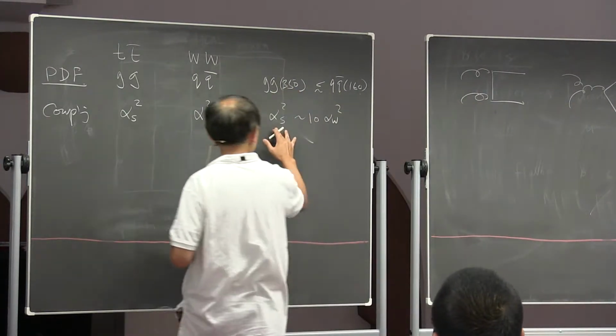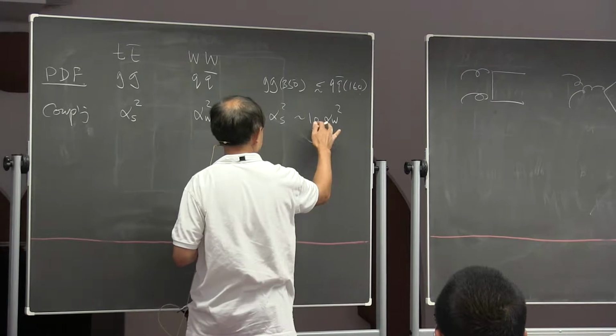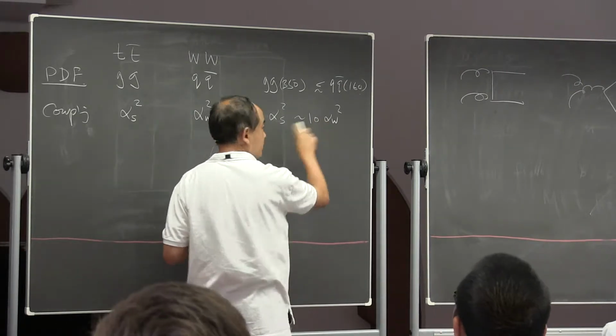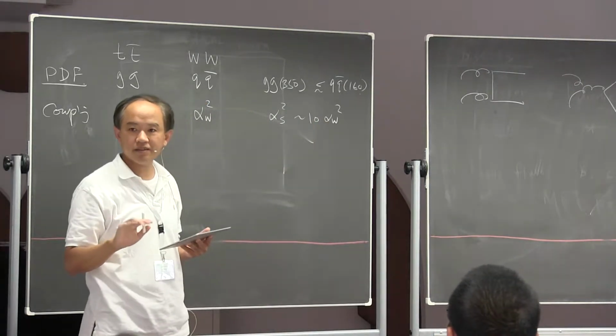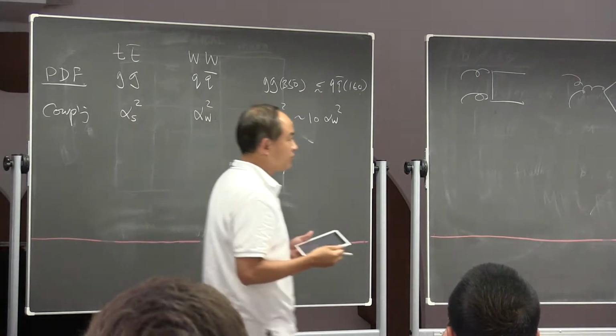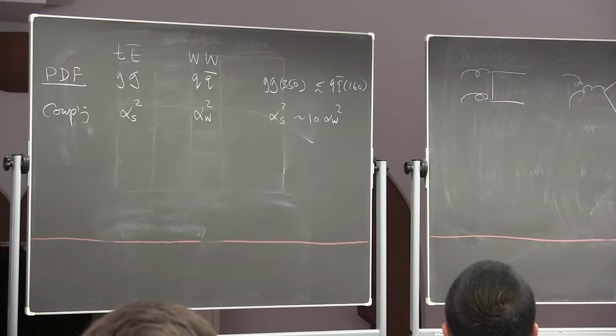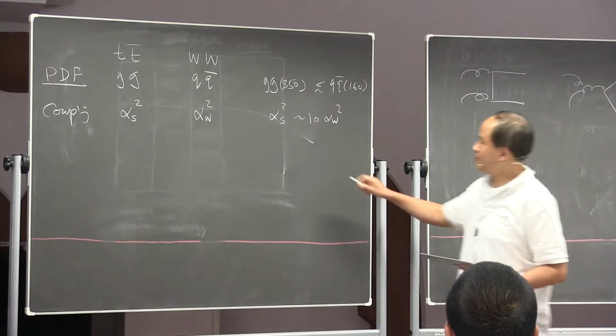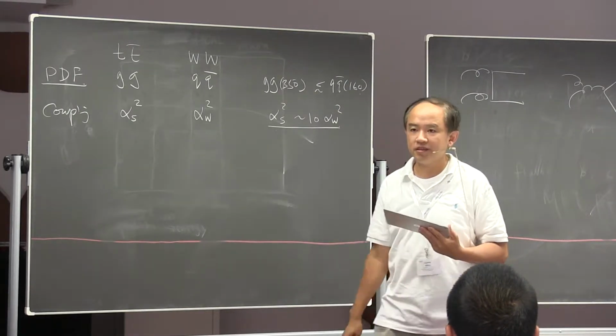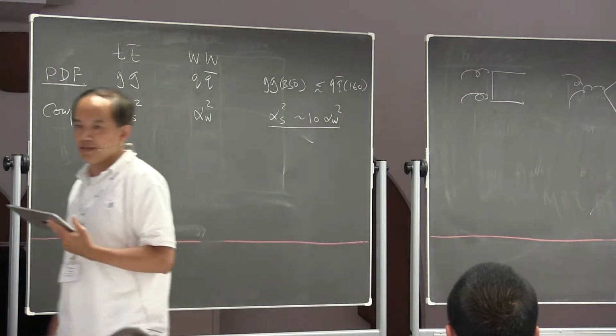So this is somewhat smaller than this, but this one is about 10 times bigger than that. Roughly, the cross-section here is about a factor of 10. I'm not claiming I'm going to understand better than a factor of 10, but you see that roughly speaking, it's almost completely coming from here, that factor of 10.